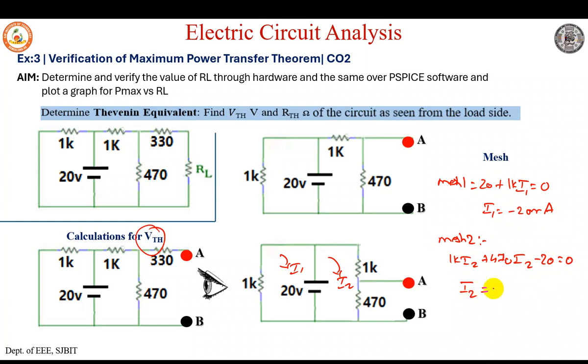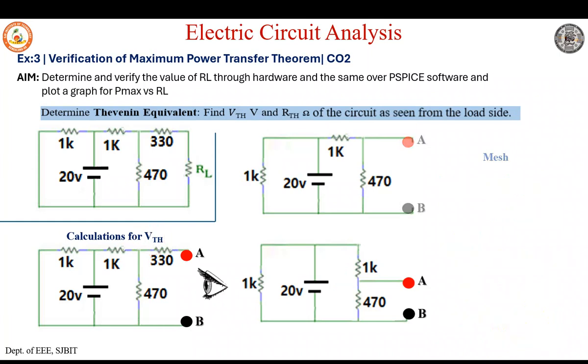Or after solving this, you'll get I2 as 13.605 milliamps. And then what is VAB, or what is VTH? It is simply I into R, where I is just I2, right? And by substituting the value of I2 and 470, you'll get the answer as 6.394 volts.